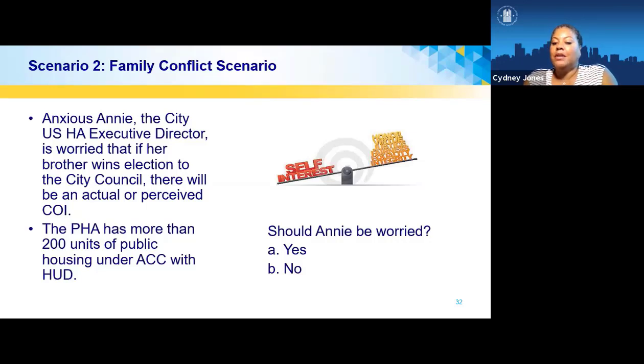This PHA has more than 200 units of public housing under the ACC with HUD. Should Anxious Annie be worried? Yes or no? Should she be worried that there may be a conflict of interest?